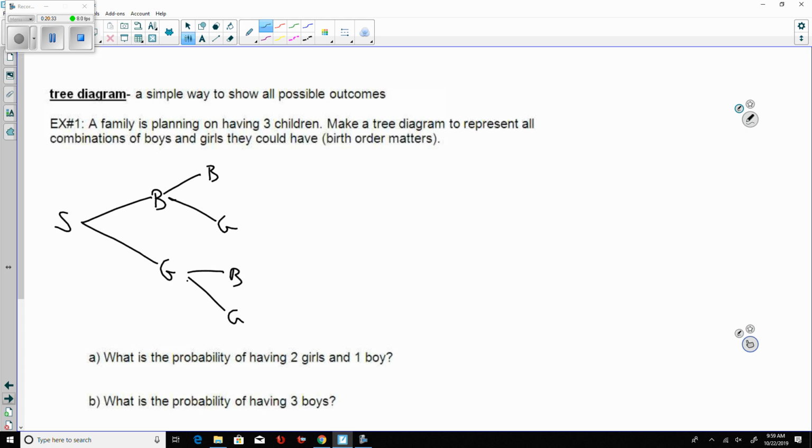And then for the third child, off of each one of these are another 2 branches: boy, girl, boy, girl, boy, girl, boy, and girl. So that's your tree diagram. Take a look and squeeze it in there.